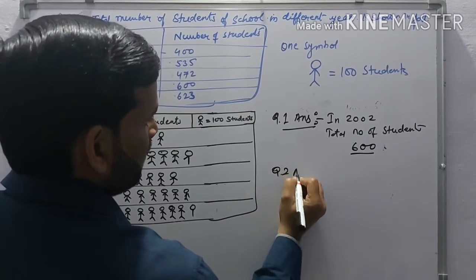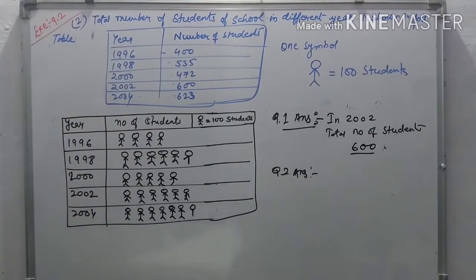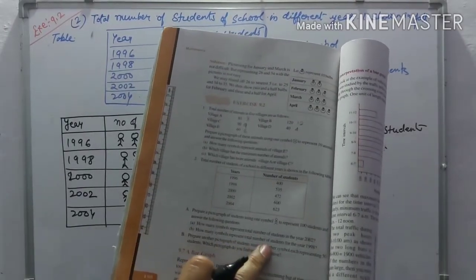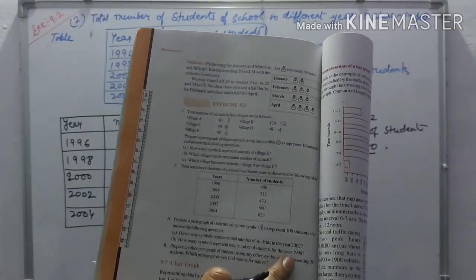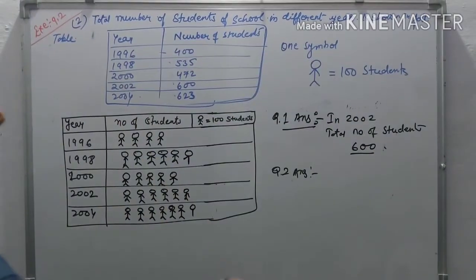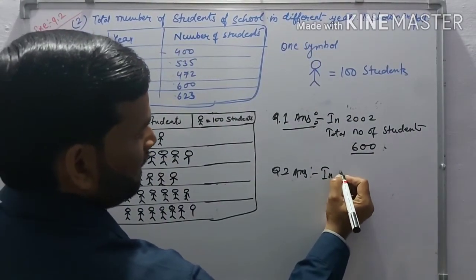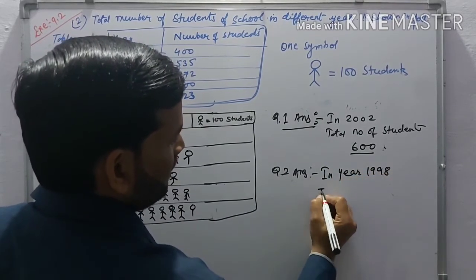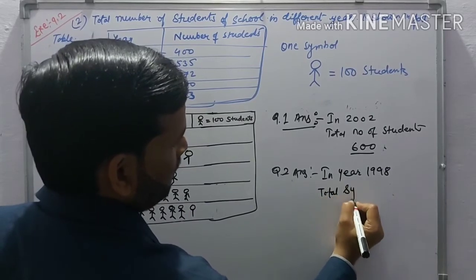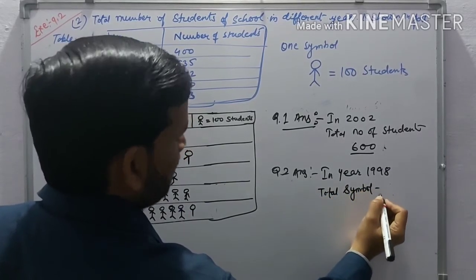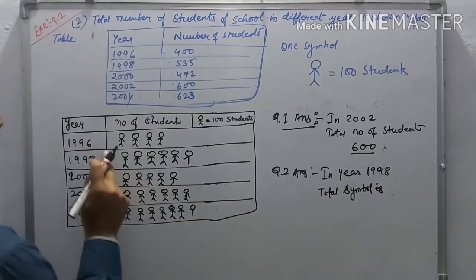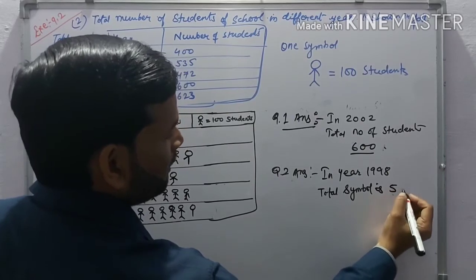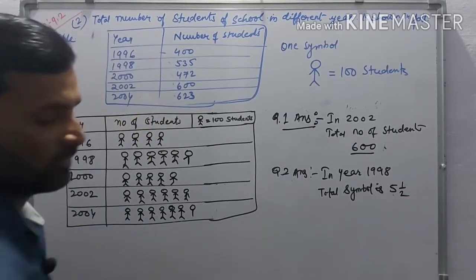And question 2, that is the answer. Question 2, how many symbols represent the total number of students of the year 1998? Okay, in year 1998 the total symbols, how many symbols? 1, 2, 3, 4, 5, 5.5.